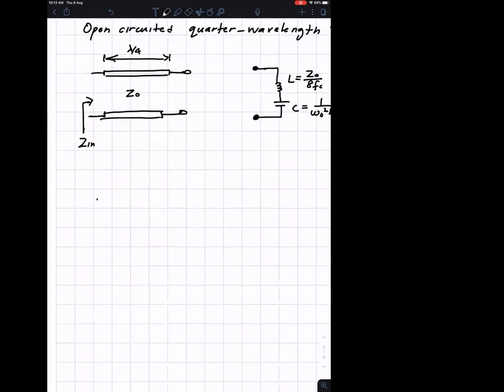And also another case. Earlier on we talked about only short circuited half wavelength and quarter wavelength. Now we're talking about open circuited, half wavelength and quarter wavelength.